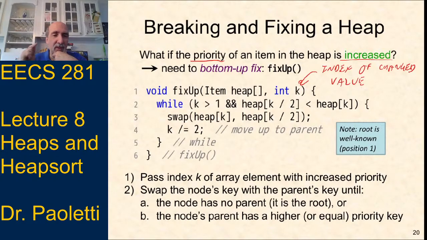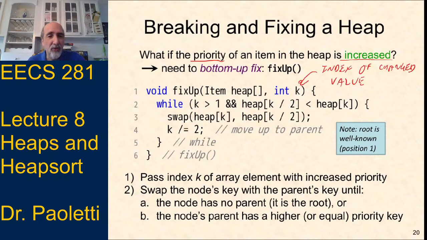So while I'm not at the root and my parent's value has a lower priority than my value, I should swap my value with my parent's value, and swap comes from the STL, and then I should move up.